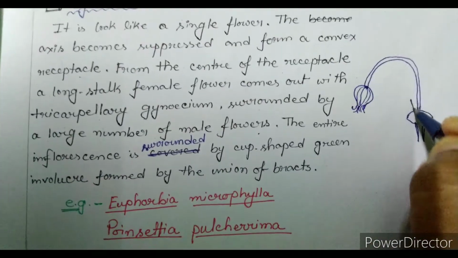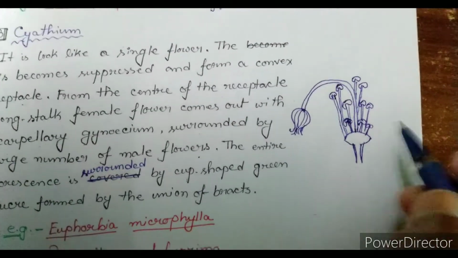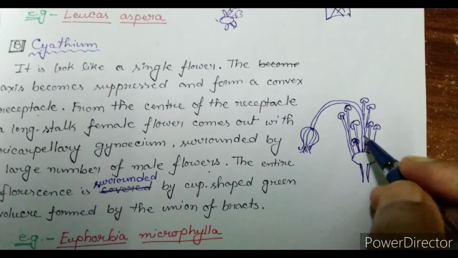Multiple male flowers arise from the base of the female flower, and it looks like this.